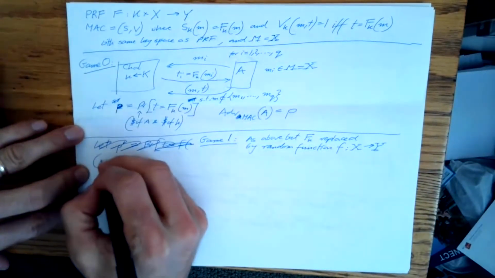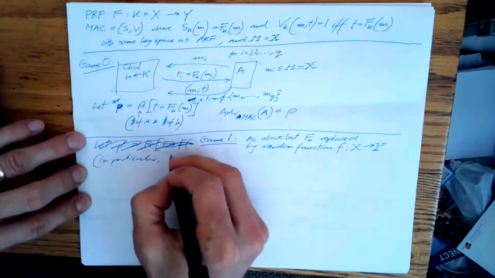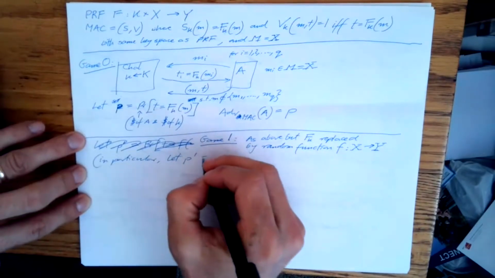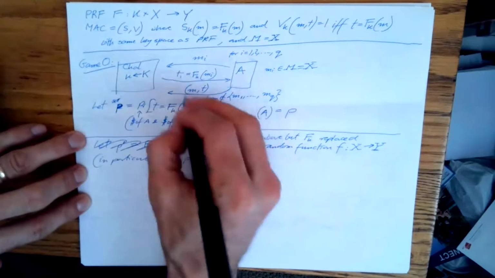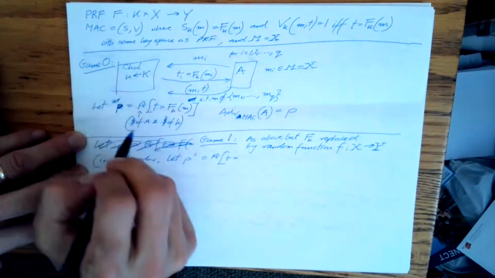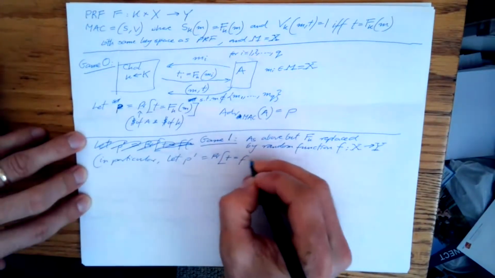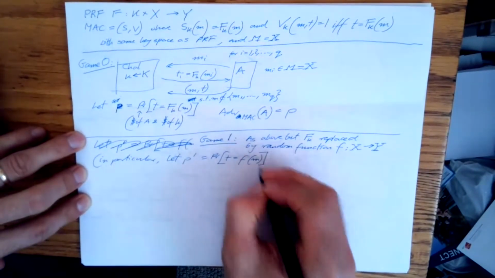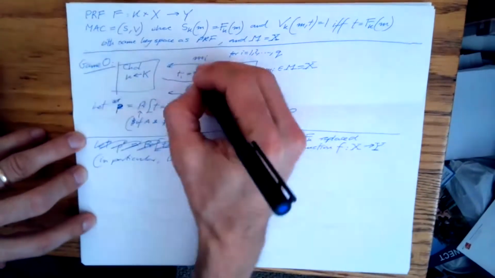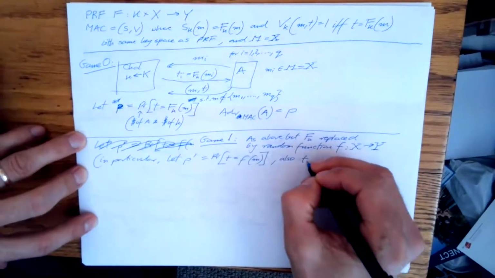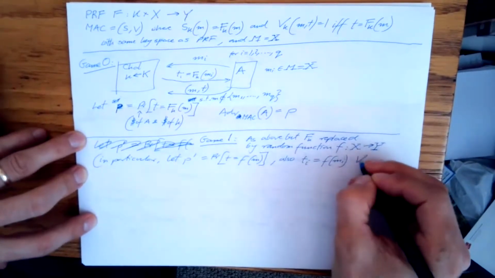In particular, let P prime be the probability that this is a correct attack on a function which is not F_K but little f. Also, these outputs are computed using little f, so t_i is f of m_i for all i.